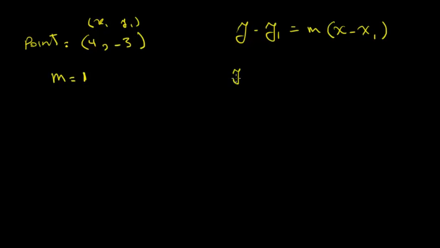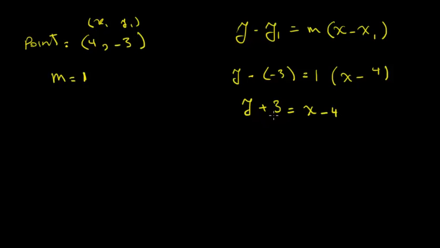We have y minus, our y1 is minus 3, equals m, which is 1, times x minus x1. x1 is 4. So y plus 3 equals 1x, or x minus 4.